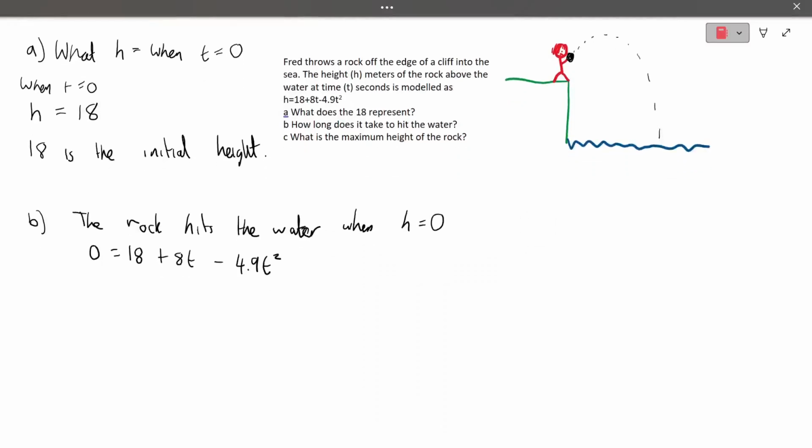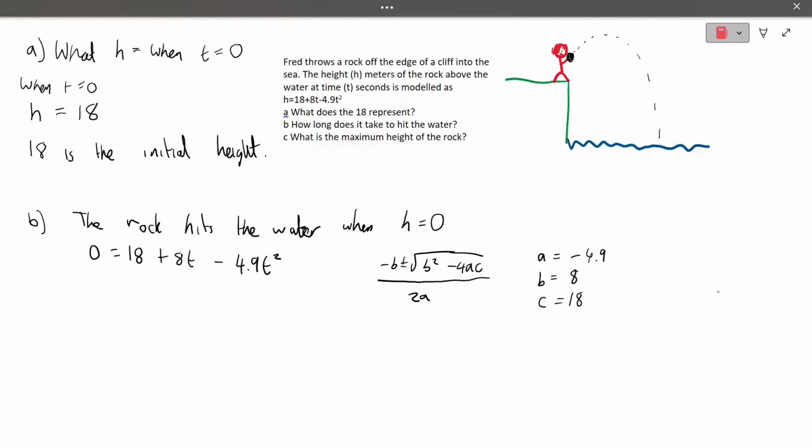What we then need to do is use what's called the quadratic formula. It doesn't really factorize, often these don't. So we have minus b plus or minus the square root of b squared minus 4ac all over 2a, where a is the number of t squareds, which is minus 4.9, b is the number of t's, which is 8, and c is the number of units, which is 18.